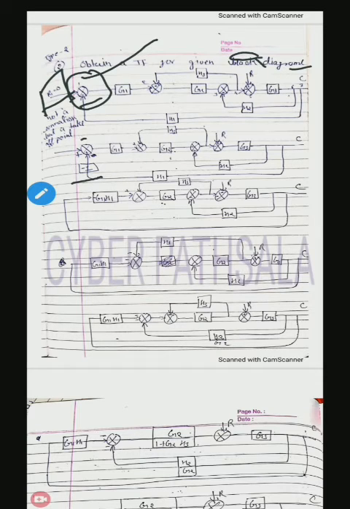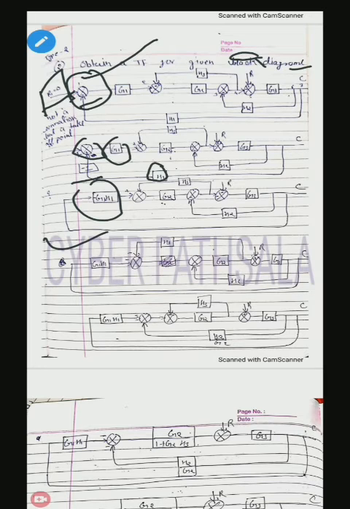If you take it as a takeoff point, then you have two blocks in cascade, so you can replace it with a single block G1 H1 with the negative sign, as we have the negative feedback. From here you are clear about this block diagram.